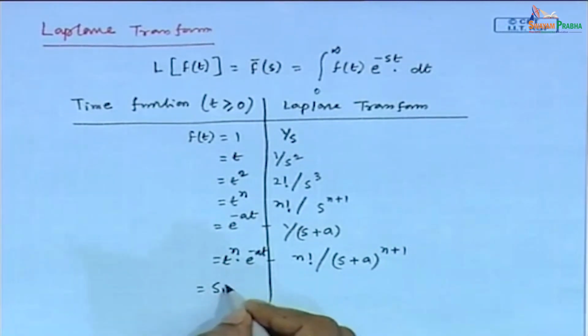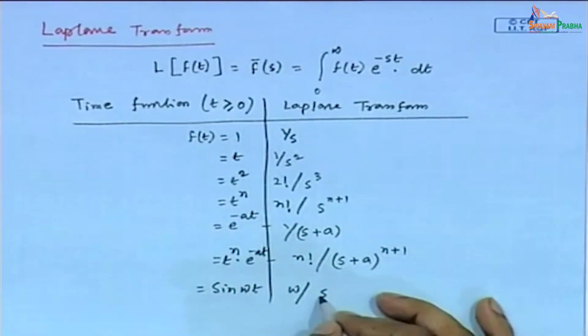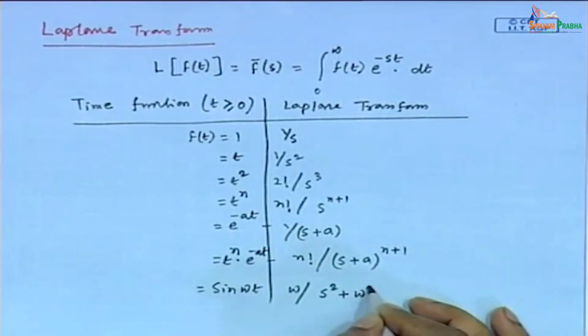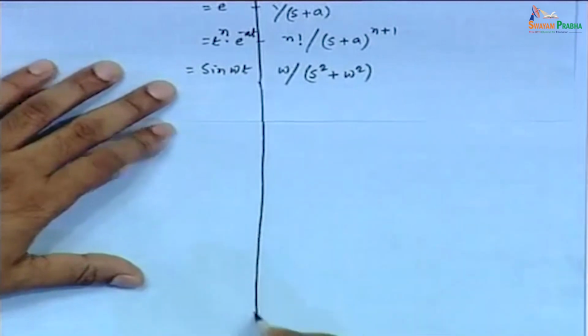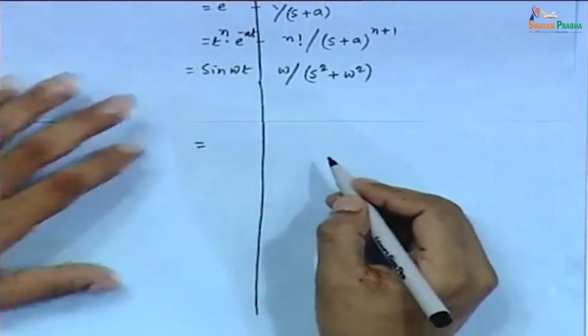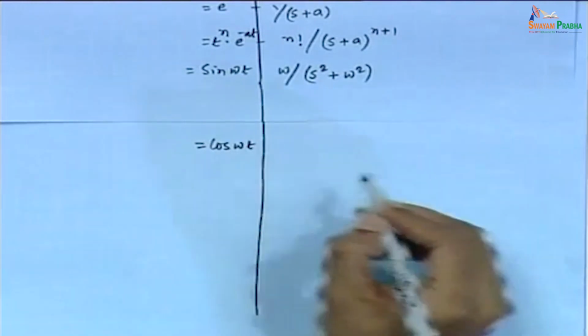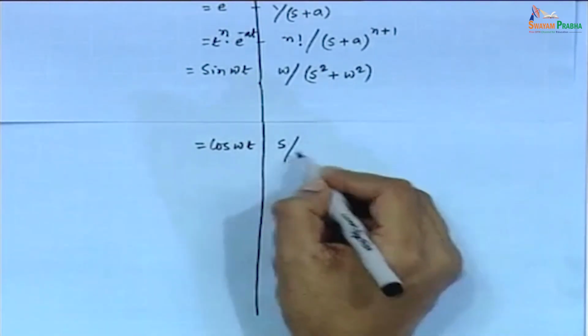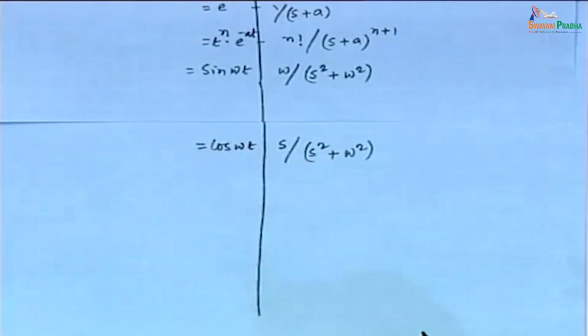If this is sin omega t, omega divided by s square plus omega square. Then, suppose cos omega t, s divided by s square plus omega square.